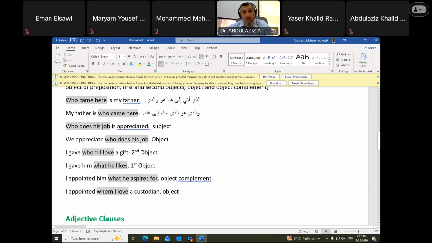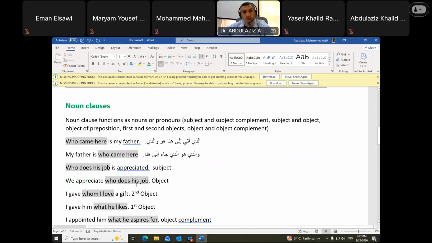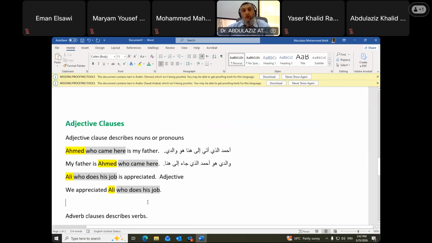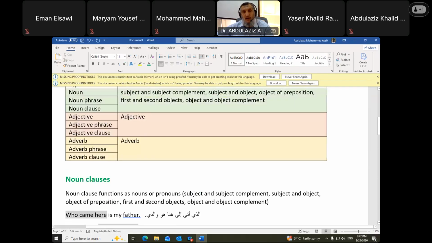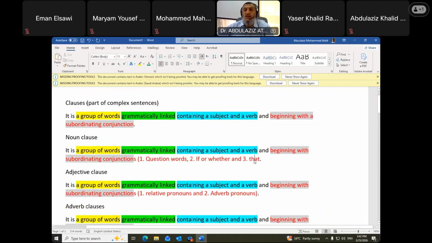See, no reference, no reference, no reference, no reference. Okay, now when we come to that, this one, that here is they call it opener. المستفتحة. Okay, it introduces, the introducer. المفتتحة أو okay, in noun clauses, but in adjective clauses, it's a relative pronoun.